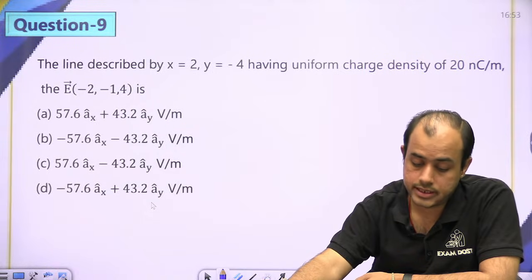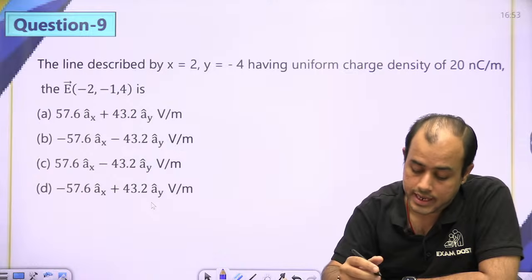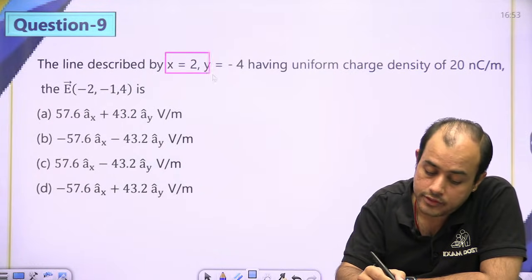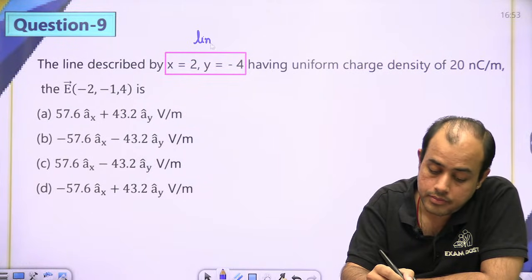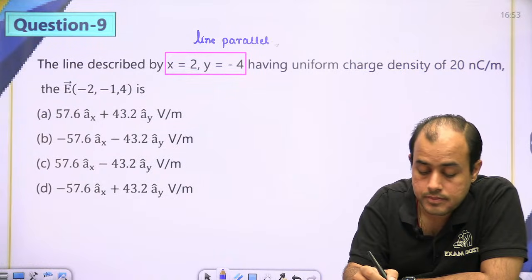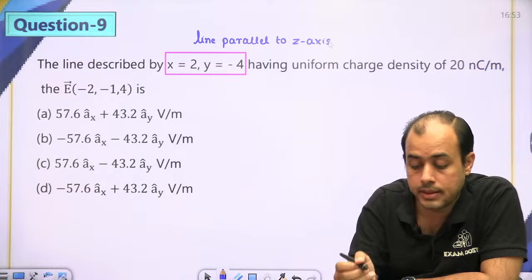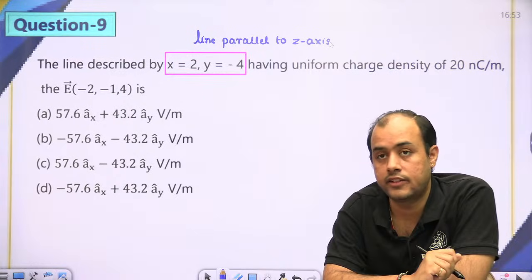Very good, Bakshi ji. The line described by x equal to y equal to minus 4. So when I am fixing the x and y coordinate, this line is parallel to Z axis. It has a uniform charge density. Find the electric field.